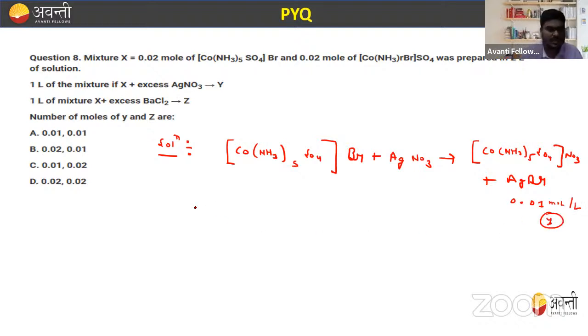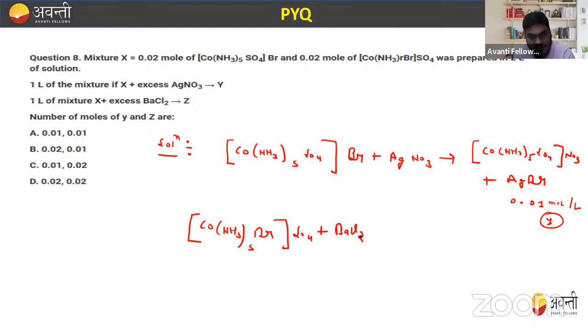Now on a similar basis, what happens when [Co(NH3)5Br]SO4 reacts with BaCl2 in excess?